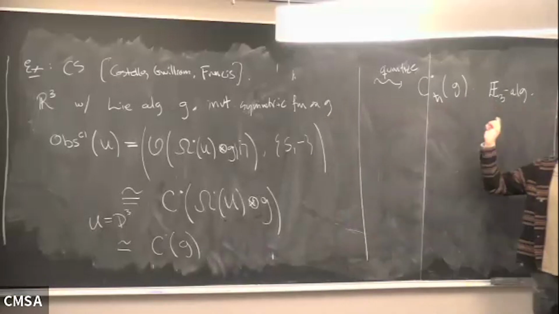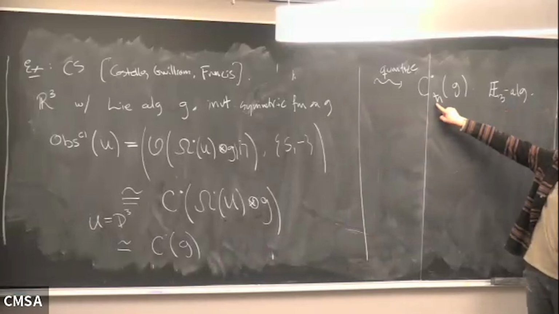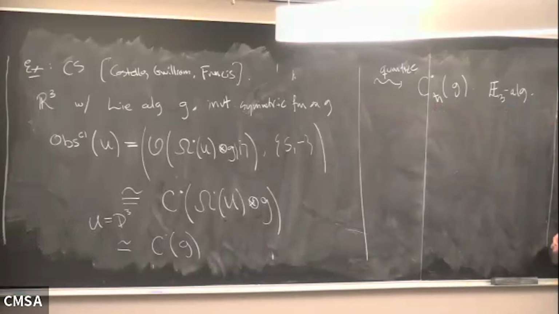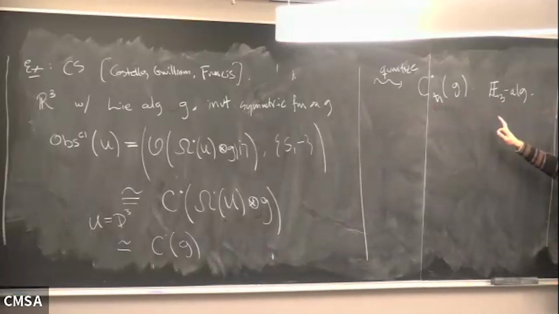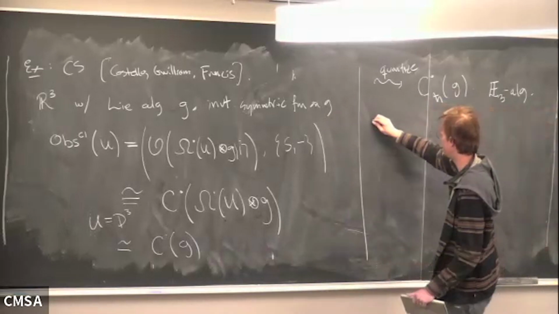When I deform by applying quantization, I obtain an E3 algebra, which I'm just going to denote by this ħ here. That's the only difference in notation. I'm not going to describe this explicitly. I'm just saying this is what pops out of quantization. But I want to extract some interesting structure out of this.